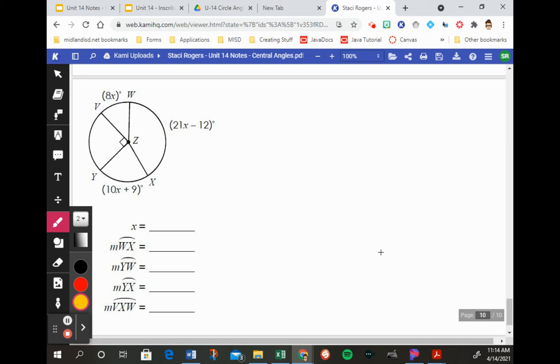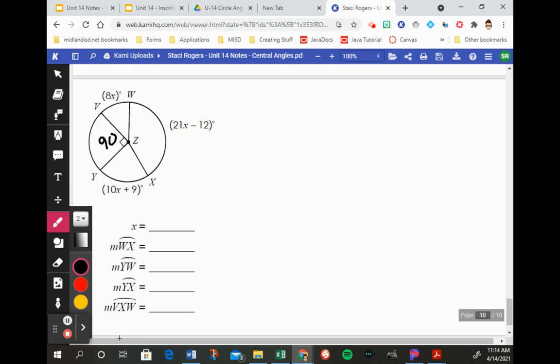Okay, one more. So we have a 90-degree angle right here. This one's not marked. We don't have a diameter. So we have to figure things out on here.